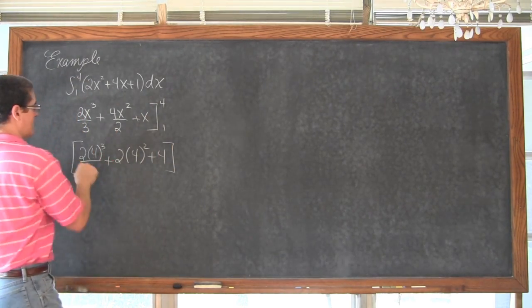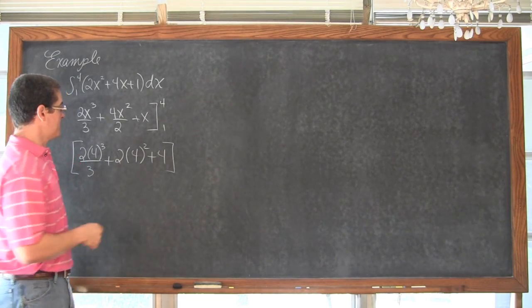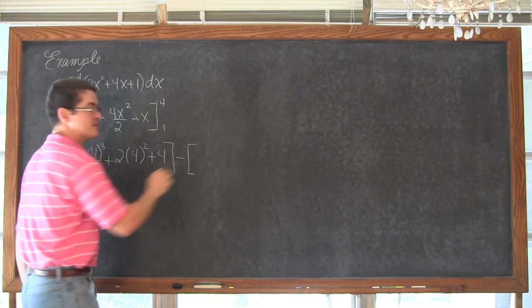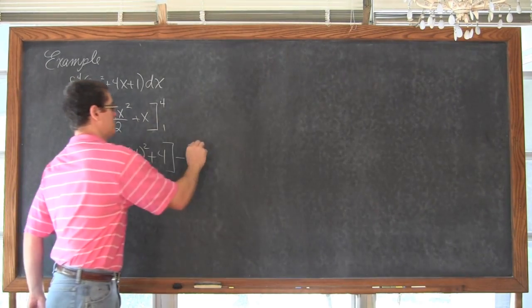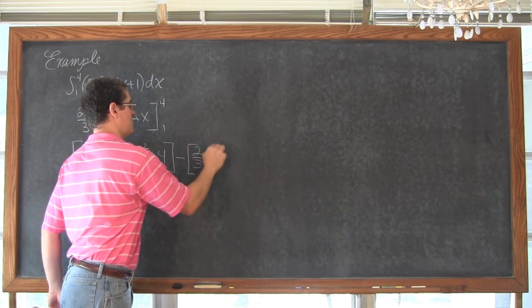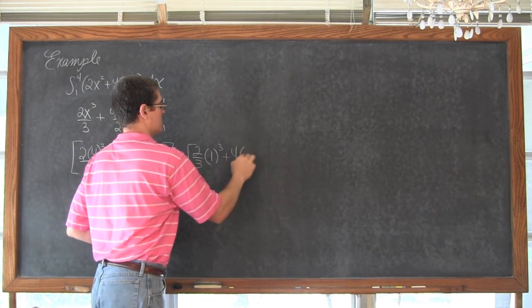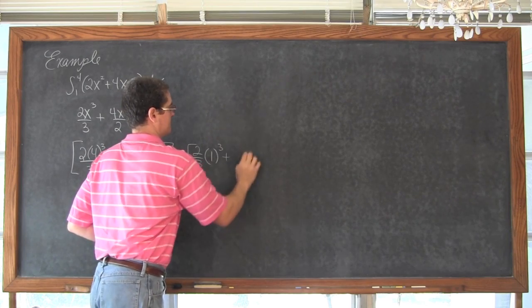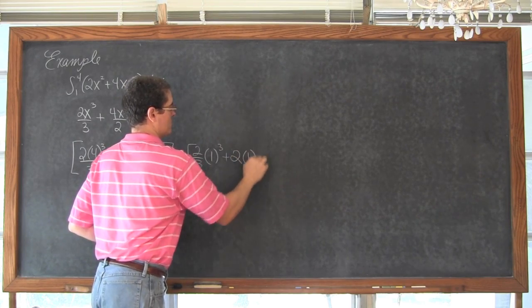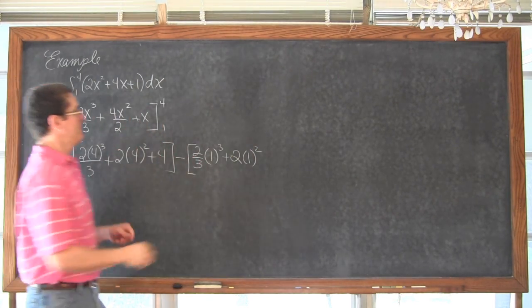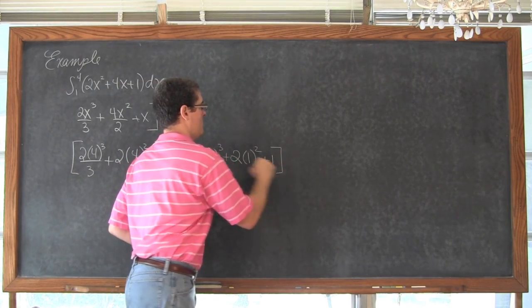So that is our antiderivative with the 4 plugged in, minus, now let's put in the 1. We have 2 thirds times 1 cubed plus 2 times 1 squared plus 1.